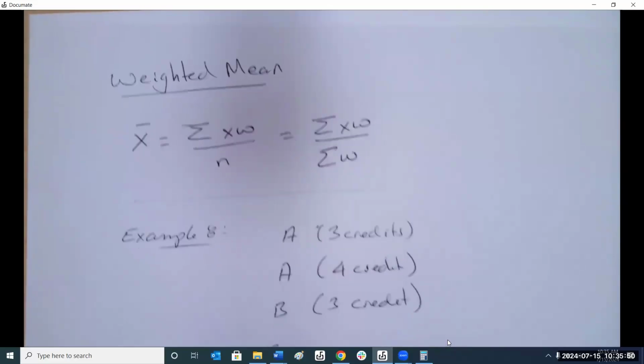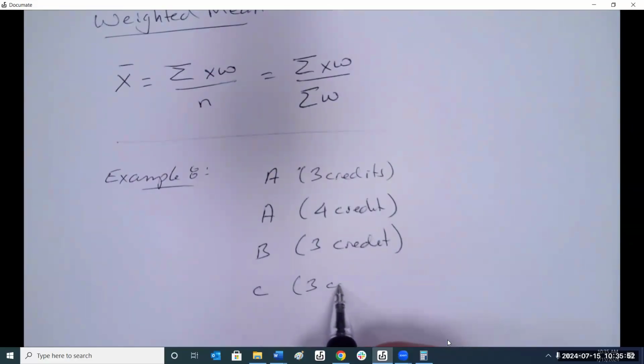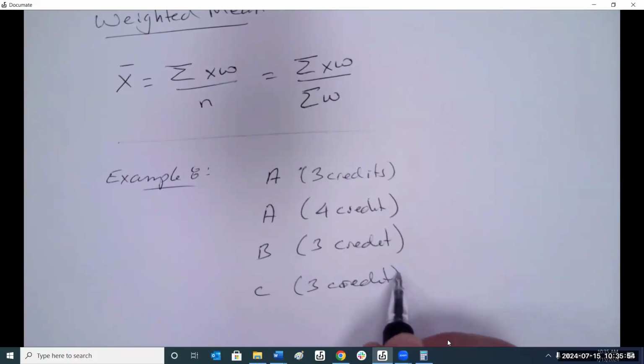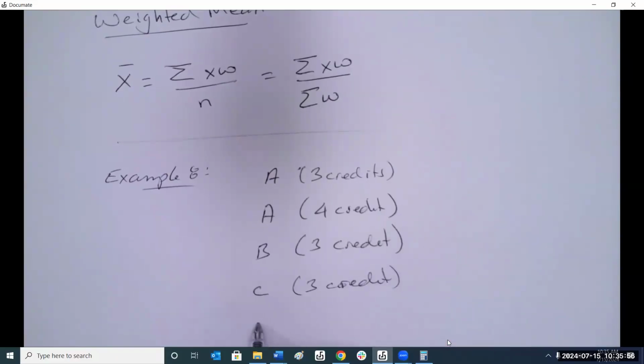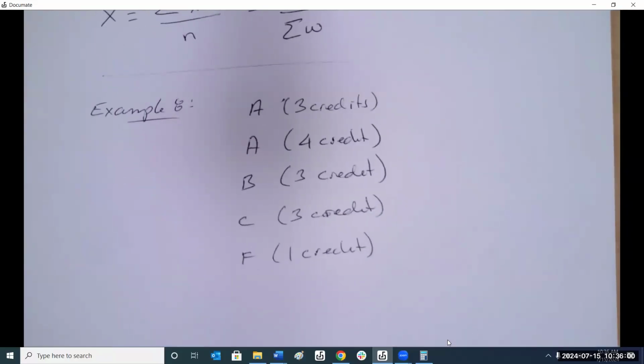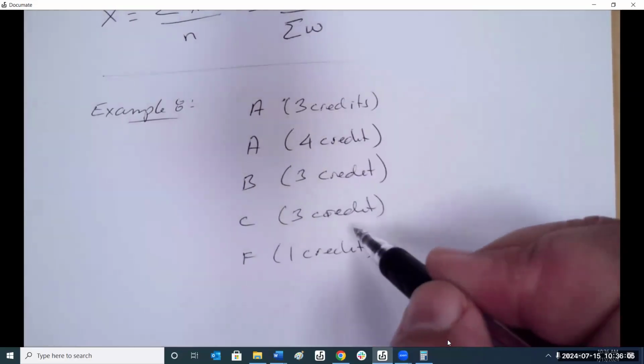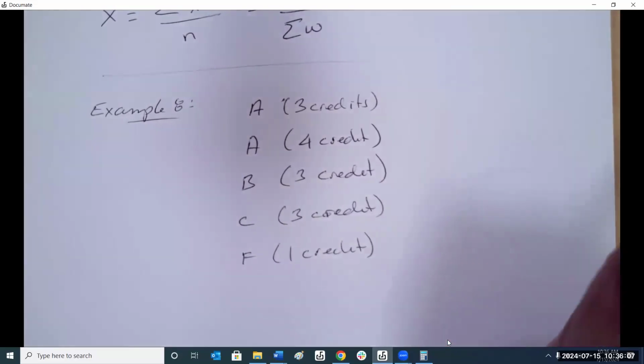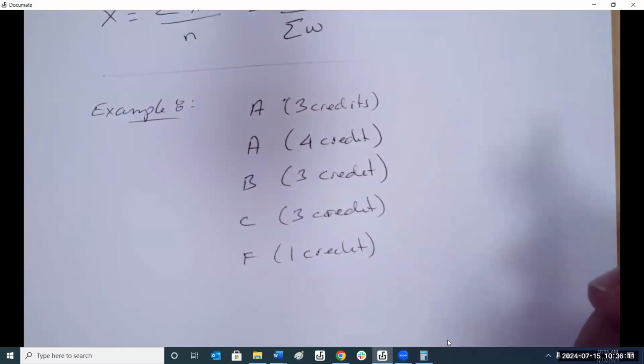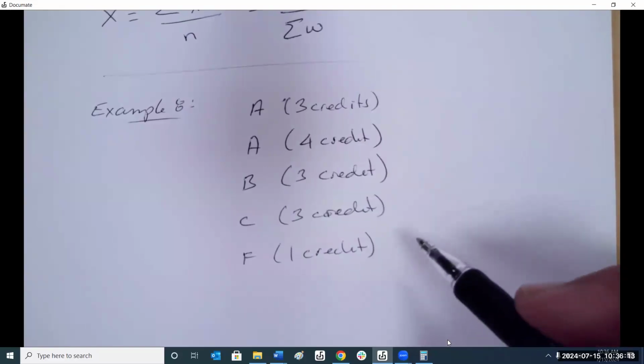She made a C in a 3-credit course. And she made an F in a 1-credit course, like a PE. So typically classes are 3 credits, 3 hours each. A 4-credit course would be something like a lab: physics, chemistry, biology, computers. And a 1-credit course is usually a PE.